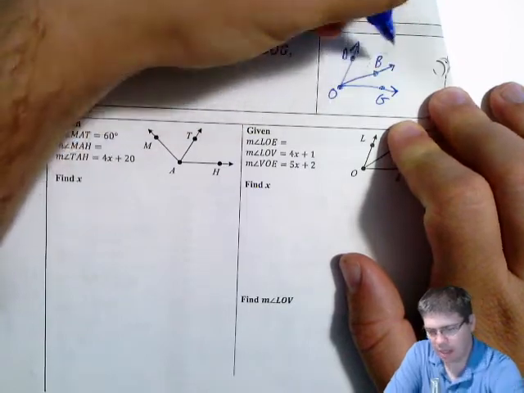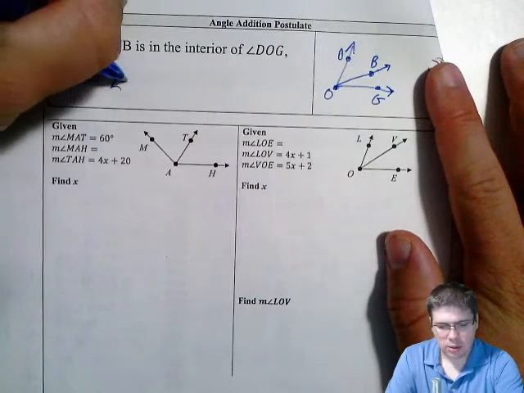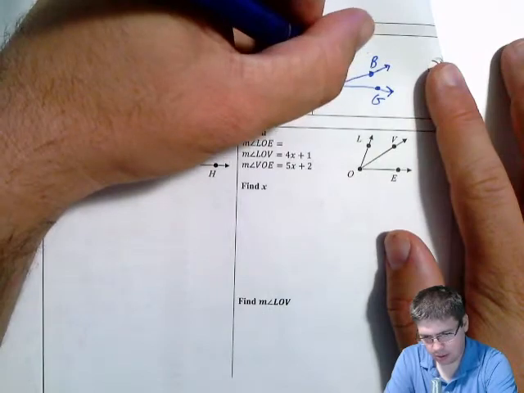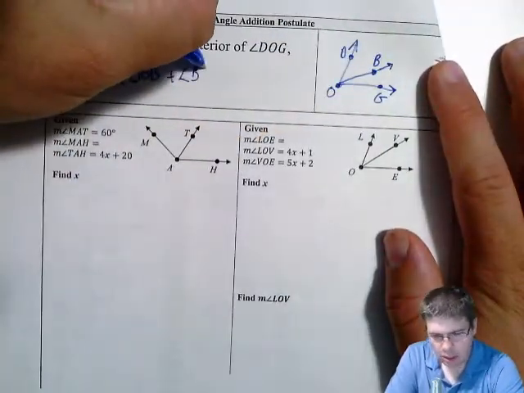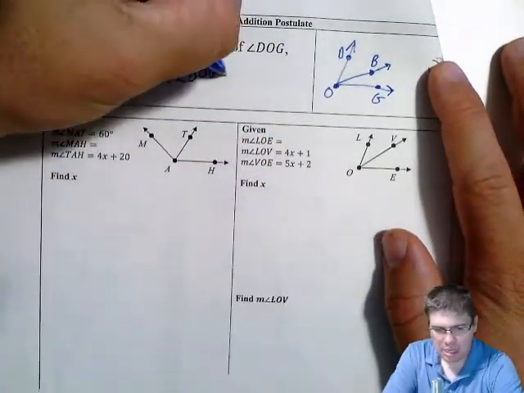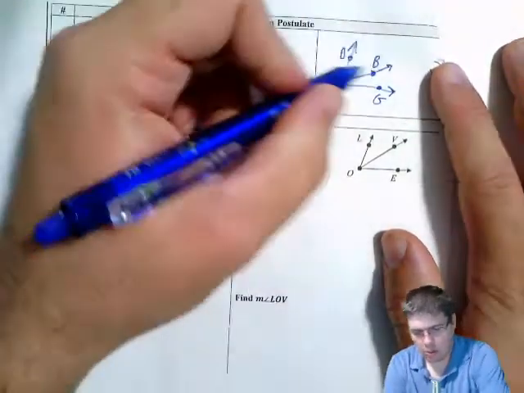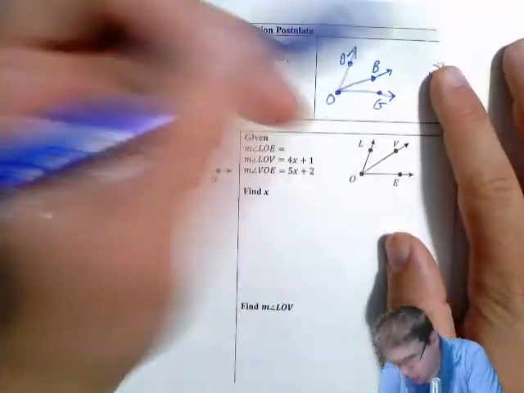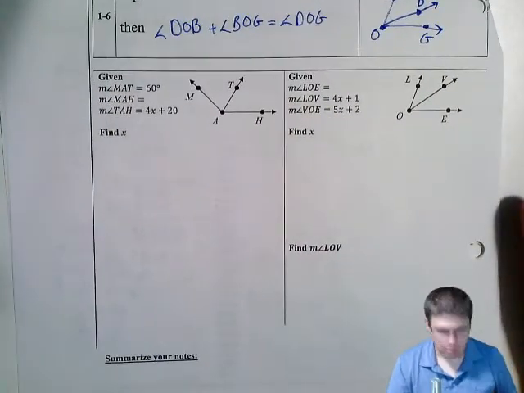Then we know that angle DOB, which is this angle, plus angle BOG, would be equal to the entire angle DOG. So this piece plus this piece add up to be the whole angle, and that's the angle addition postulate. We can use that in a couple of problems.